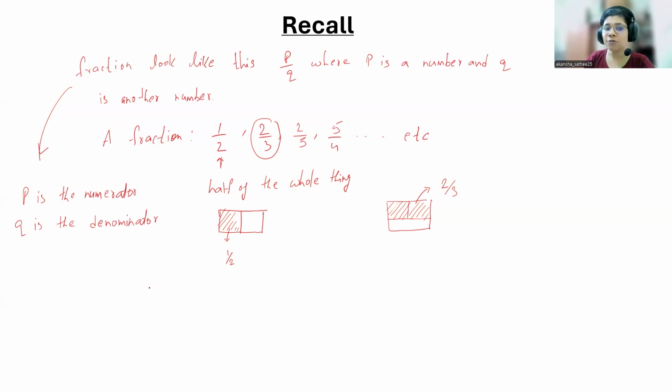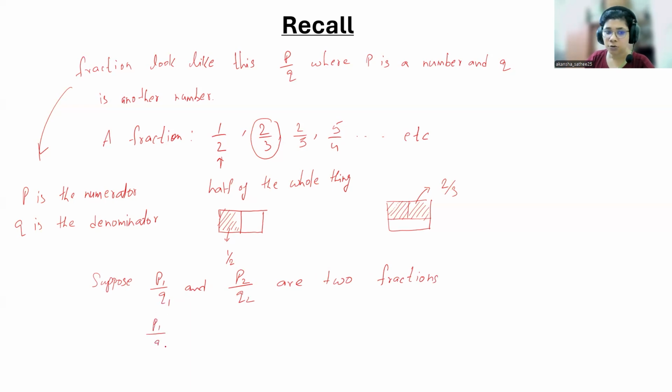Let's say you have two fractions, P1 upon Q1 and P2 upon Q2. How do we multiply two fractions?